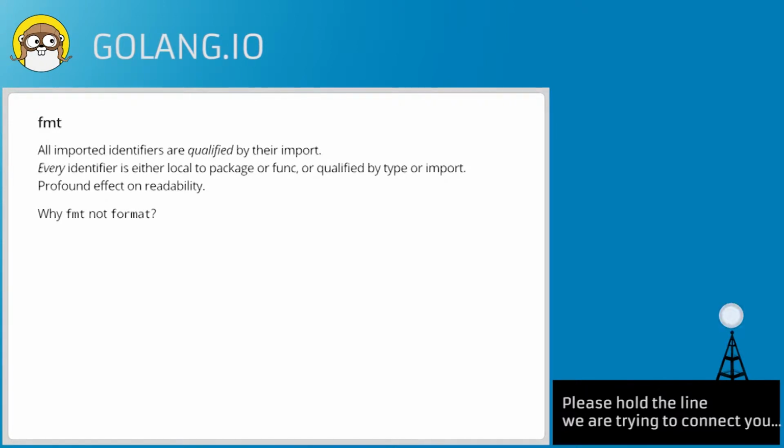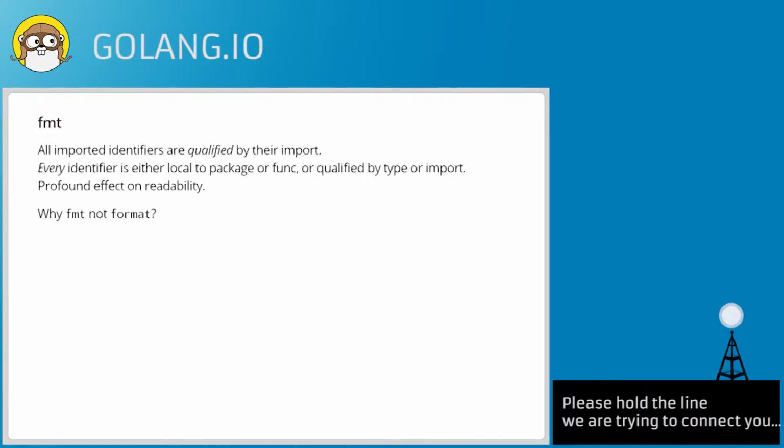And this brings up the point about readability that I think is important to the way Go works. And again, sort of flowed out of the design process. Every identifier in a Go program is either local to the package or it's a qualified identifier with a dot in the middle. And that is a profound effect on readability.